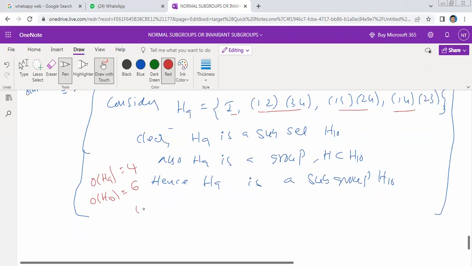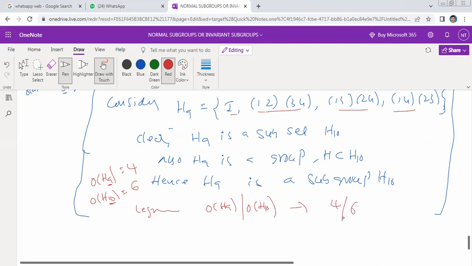Now according to Lagrange's theorem, H10 is a group, H9 is a subgroup, so the order of H9 divides the order of H10. So what happens here? 4 divides 6.